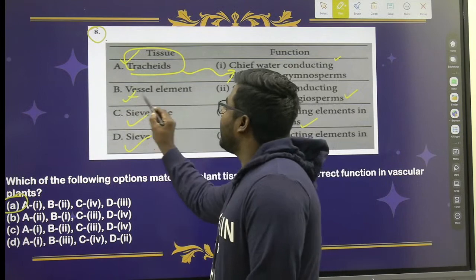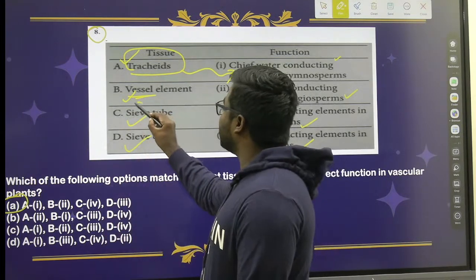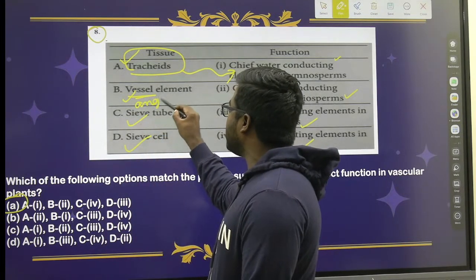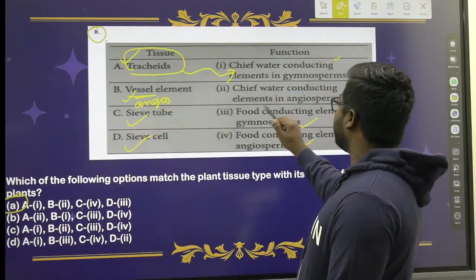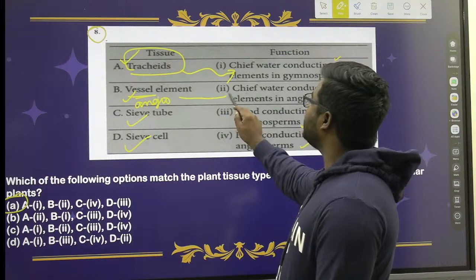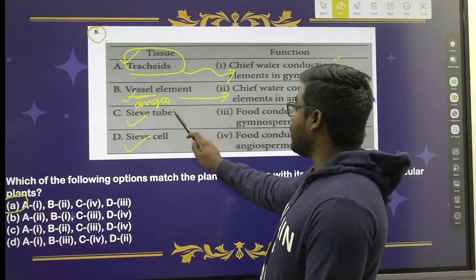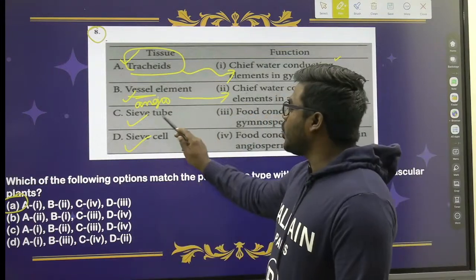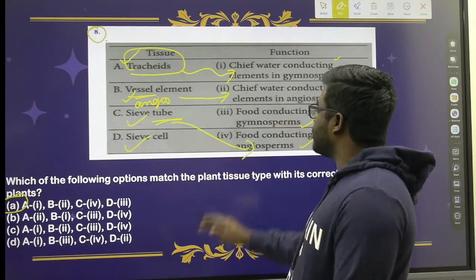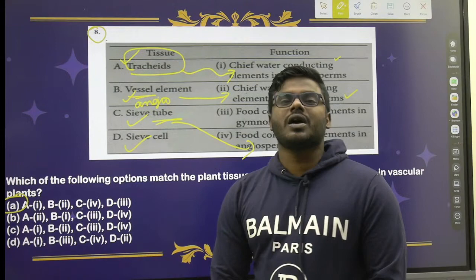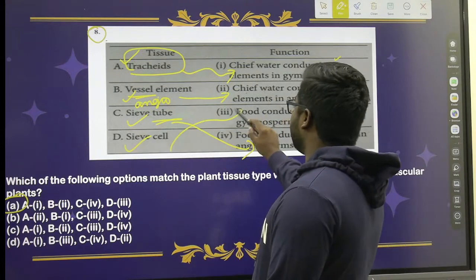And you know, right, vessel, the name vessel itself suggests what? Angio. So vessel elements are exclusively present in the angiosperms. Now if you look into the sieve tube, tubes are highly developed. Whichever is highly developed is present in the angiosperms. Sieve cells, which are less developed, are present in the gymnosperm.